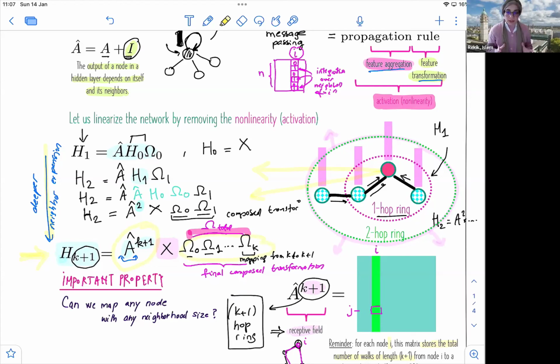But that allows us to get a representation of this node as a function not only of its immediate neighbors, but of its neighbors of neighbors of neighbors across several neighborhood rings. This is how we get deep in a graph neural network, and this is also the meaning of the layers.